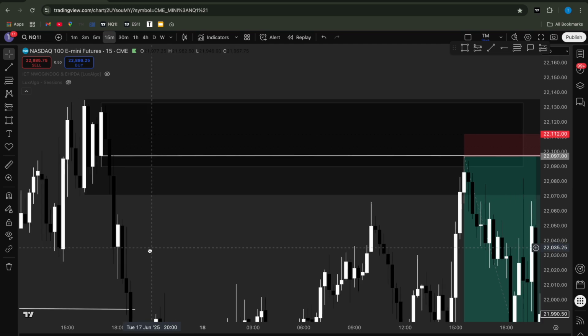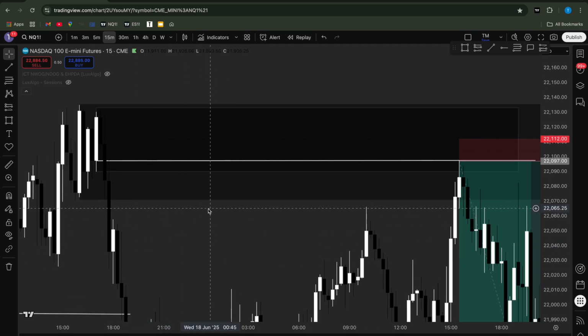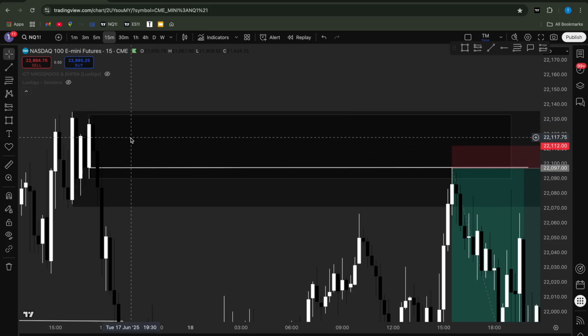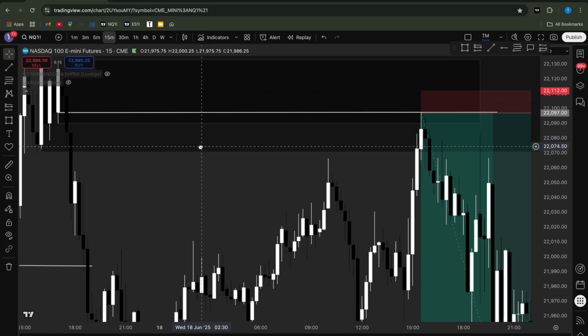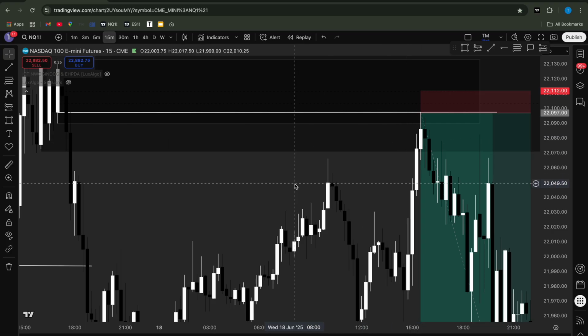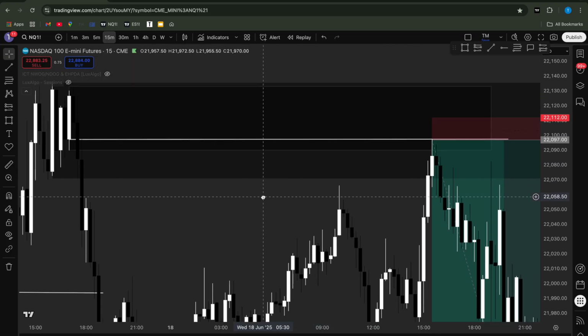So you should get order blocks. They are fairly simple. It's just an area where institutions are going to make price go back to, so they can get a discounted entry before continuing the trend. Hopefully that makes sense, and hopefully you understand it. And once you understand it, you can go down.